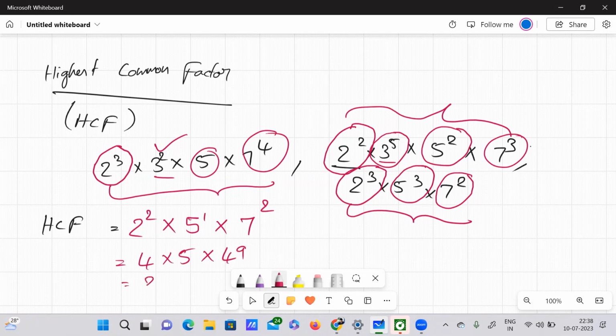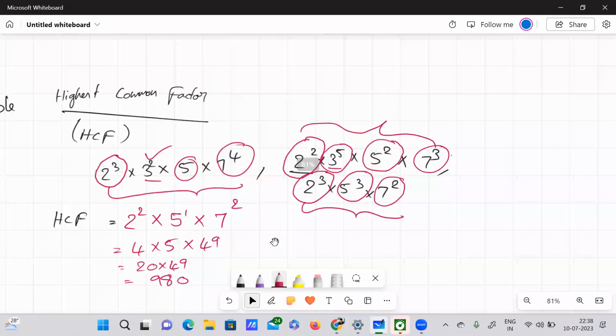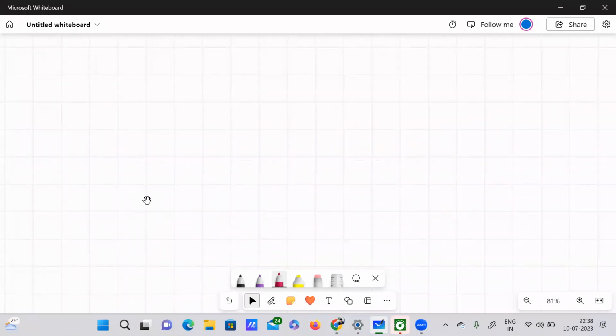In the sense, 20, 49, in the sense, 980. So 980 would be the HCF for these three sets of numbers, right? So this is a way wherein you can easily calculate the HCF.